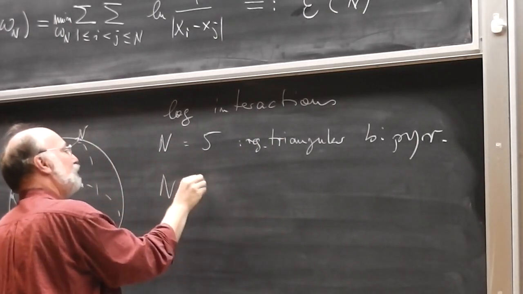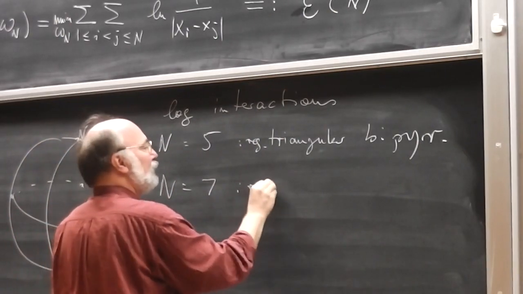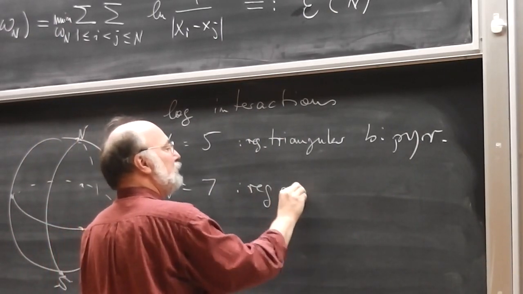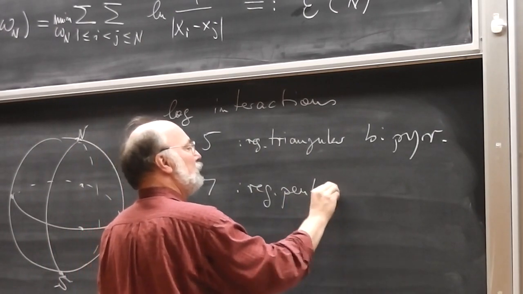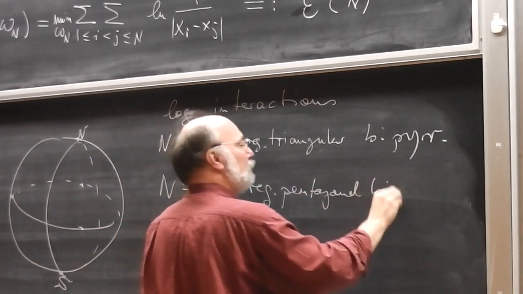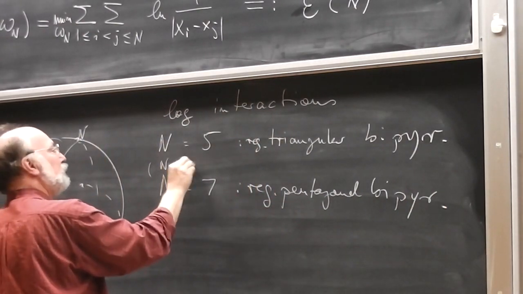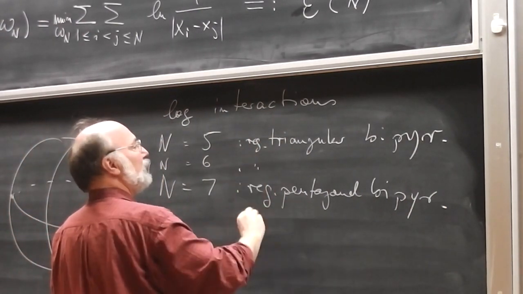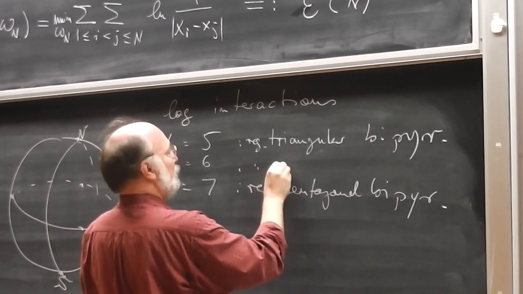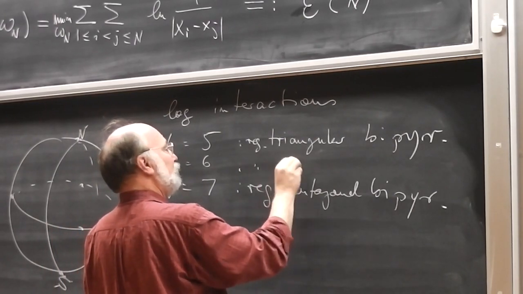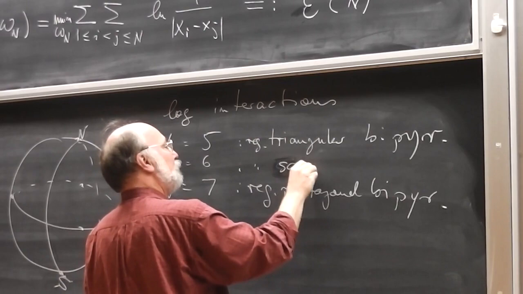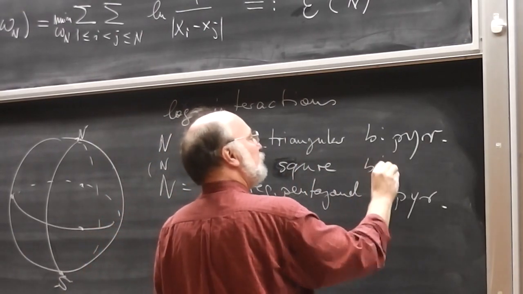And n equals 7 is the regular pentagonal bipyramid. And of course, n equals 6, I put it in quotes, is the regular square bipyramid.